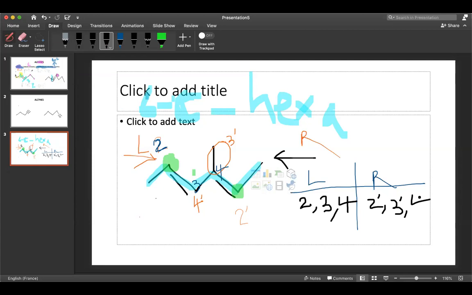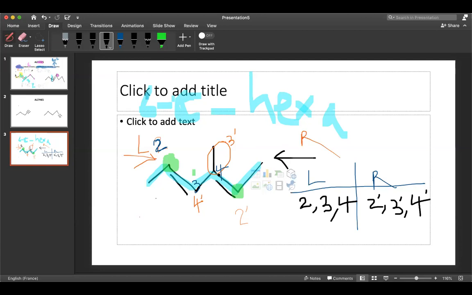So position number 1, 2, 3, 4, 4 prime. On the other side, it's the same thing: 1, 2, 3, 4. 1, 2, number 3 prime, and number 4, double bond. Okay, now these are the positions.